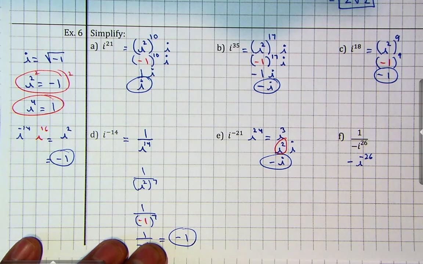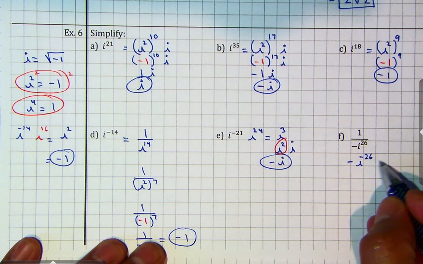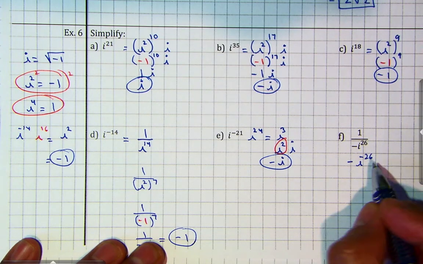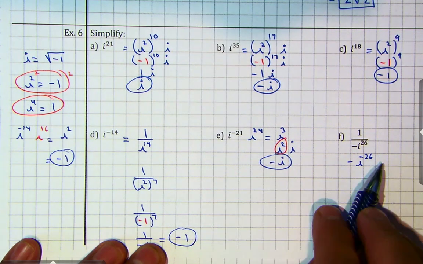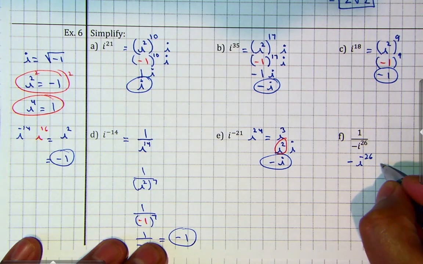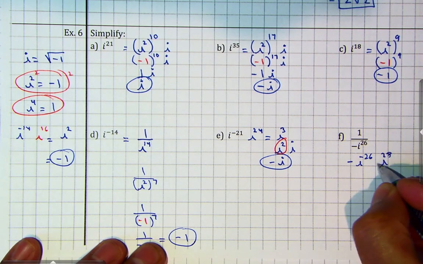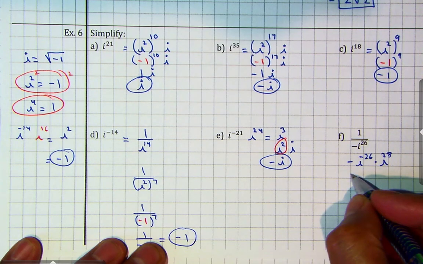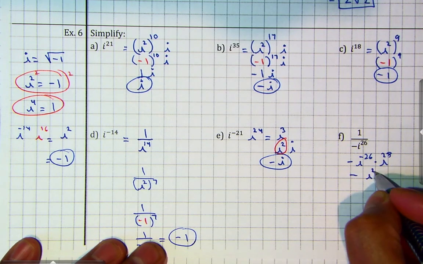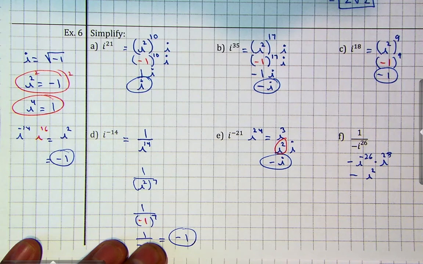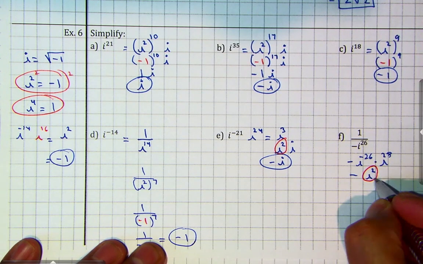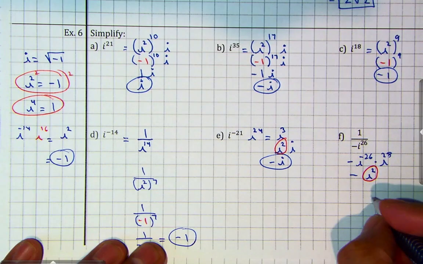Do you agree? Now, what should I multiply by? Which is the next multiple of 4? Will be i to the 28, correct? That gives me a negative i to the 2nd power. I know that i to the 2nd power is negative 1 times a negative gives me a positive 1.